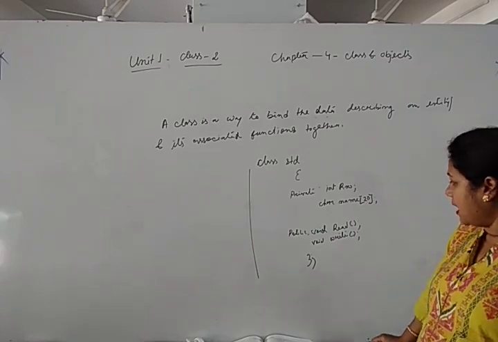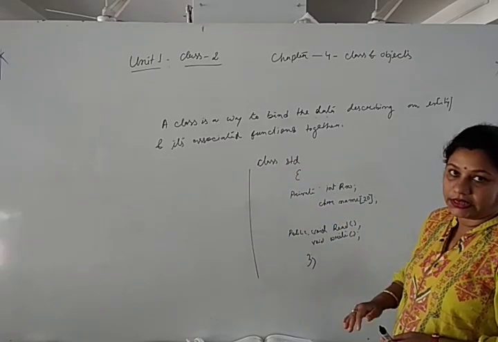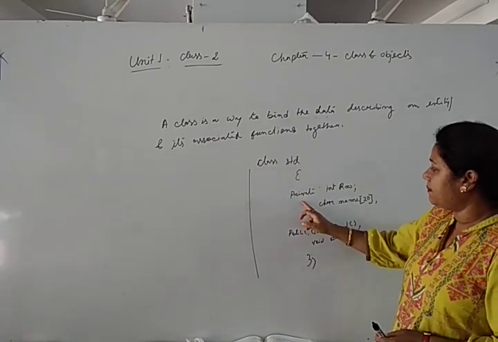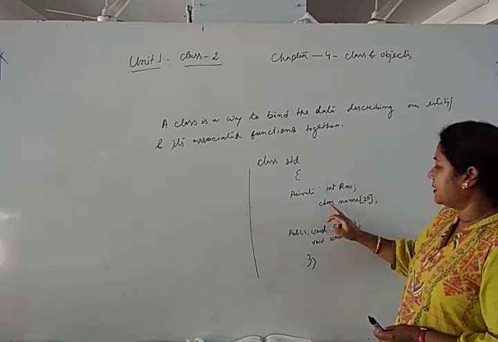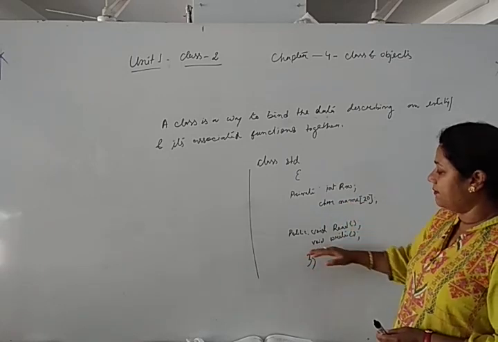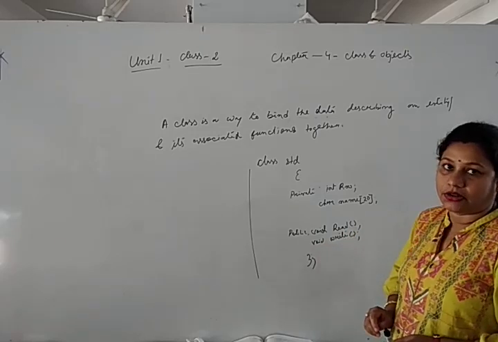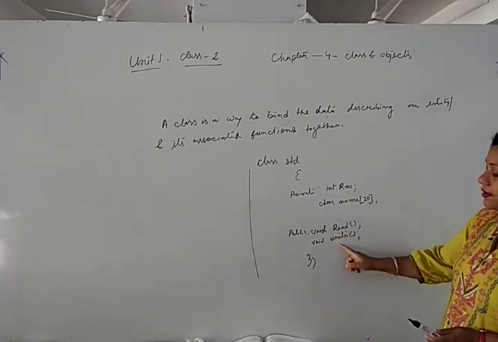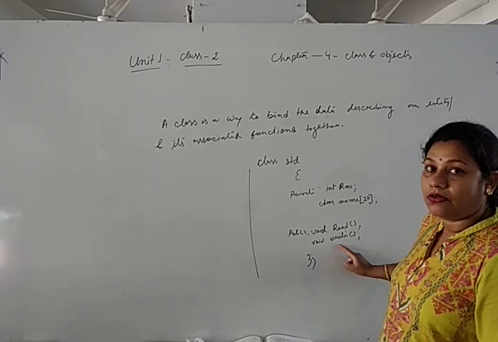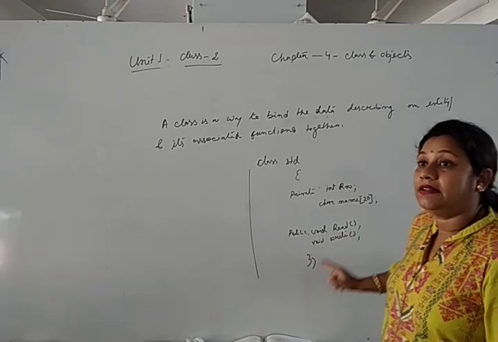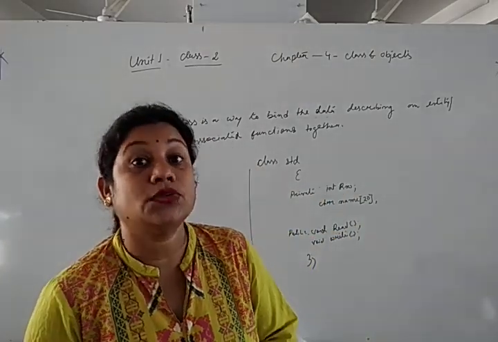These are the members which are declared in separate levels of the class body. Inside the private level, I declare roll number using data type integer and character name. And inside the public level, I declare void read, this is a function, and void write, this is a function. So read and write are not built-in functions. What are built-in functions? Built-in functions are those functions whose meanings are already explained to the compiler.